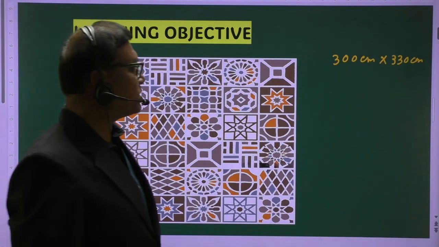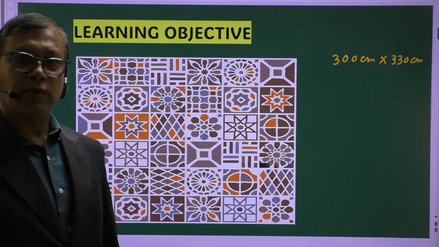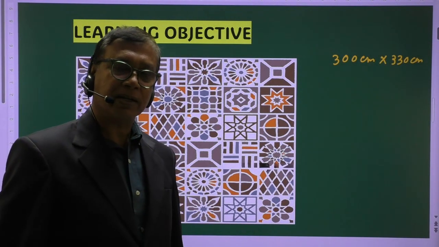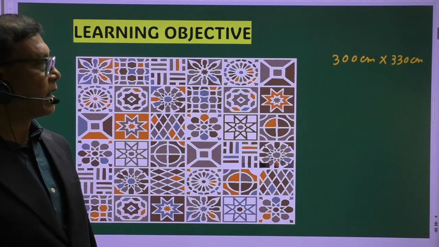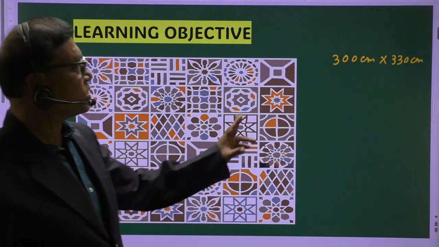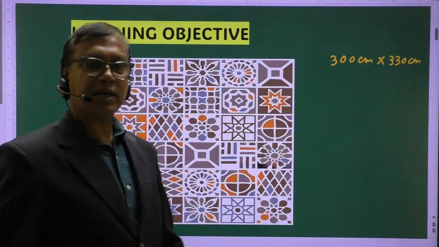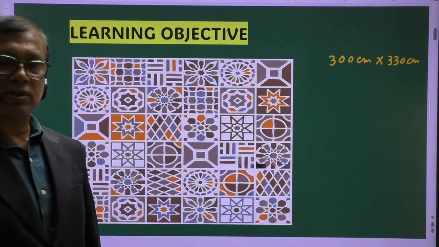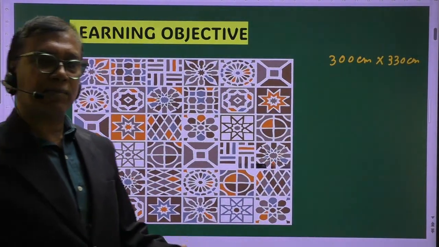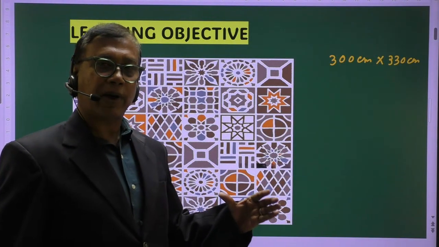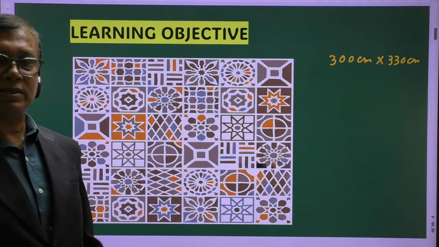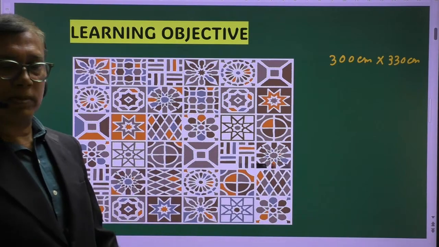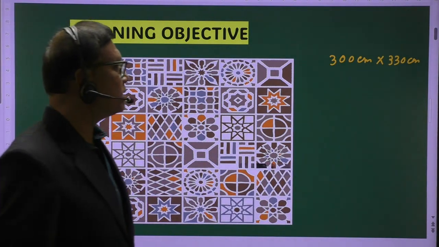To know the answer, we have to find the greatest number by which these two numbers are divisible, that means the HCF of these two numbers. Is it clear?